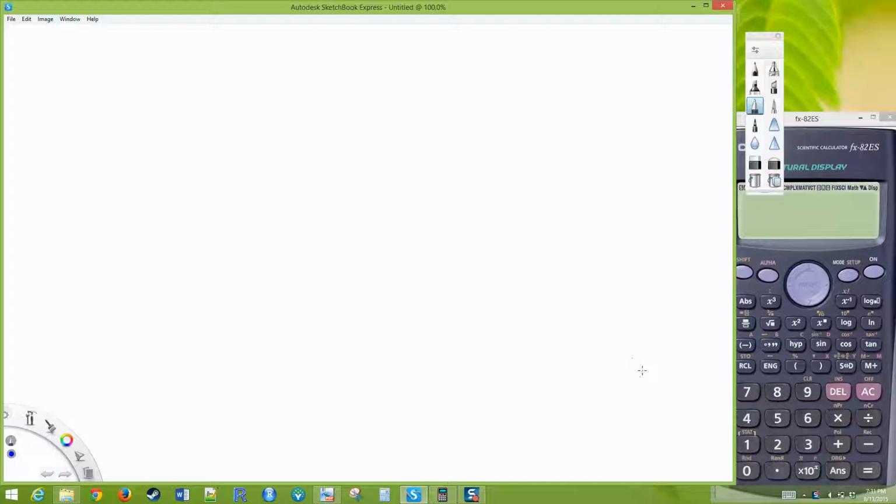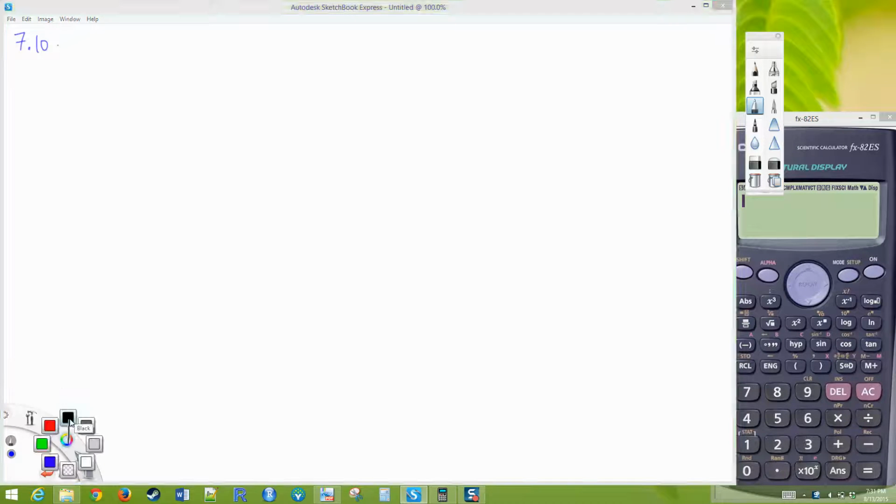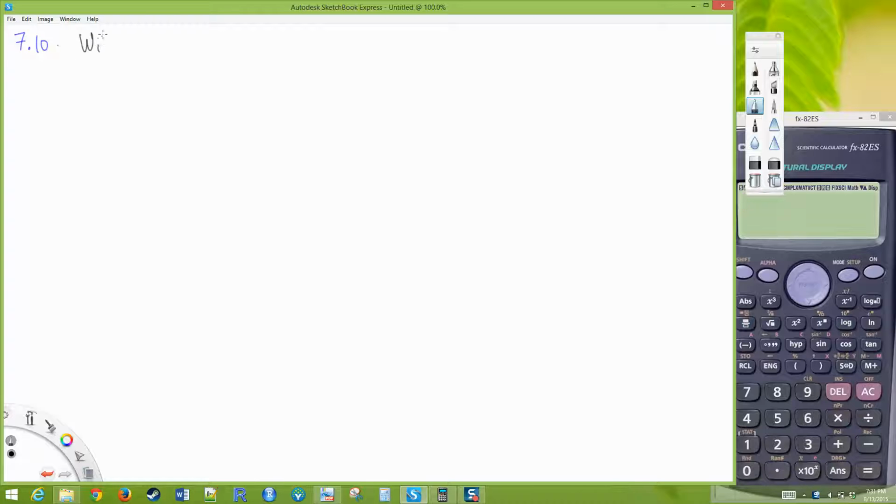Okay, we shall begin. So I have one last topic to cover from Chapter 7, and this is Section 7.10, and it's called the Wilcoxon Mann-Whitney, spelled with an H, yes.